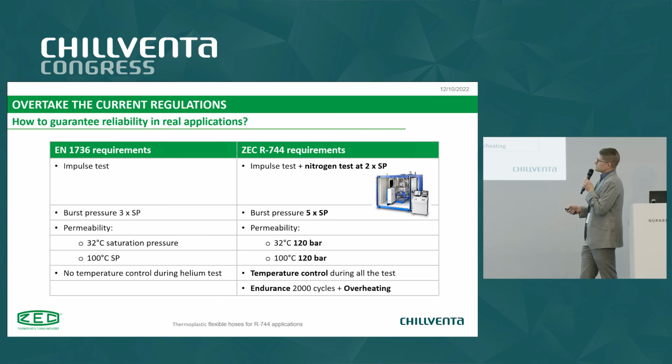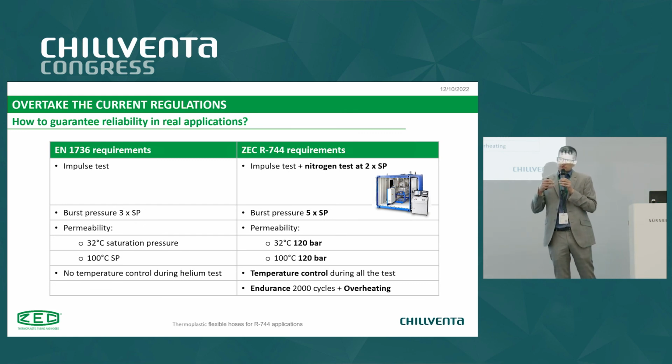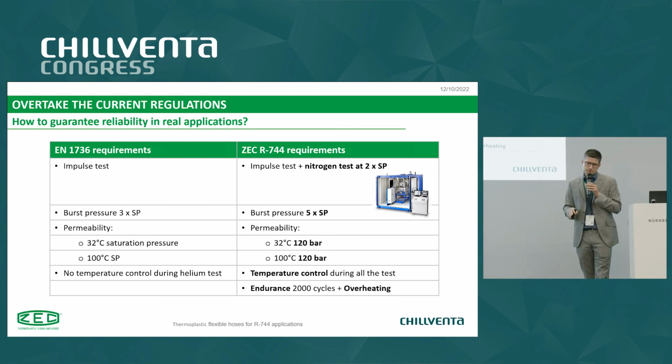And then the standard does not require any temperature control during the helium test. We decided to put an additional temperature control during the helium test, and also at the endurance test, as I talked about before, and the overheating. And all these tests, just to be sure to send to the market a really reliable product for CO2.